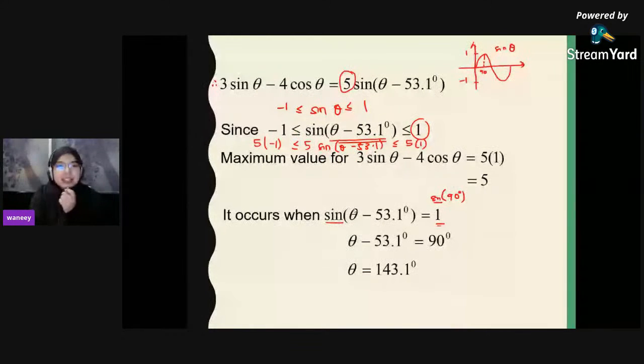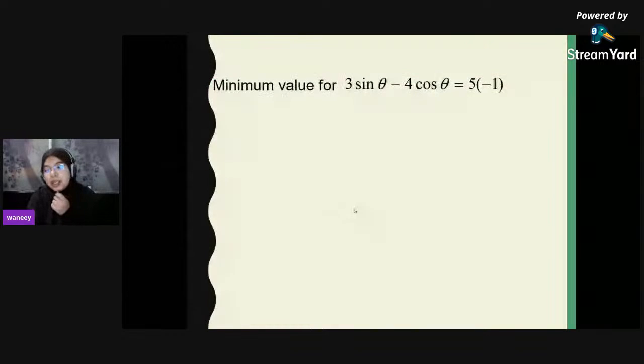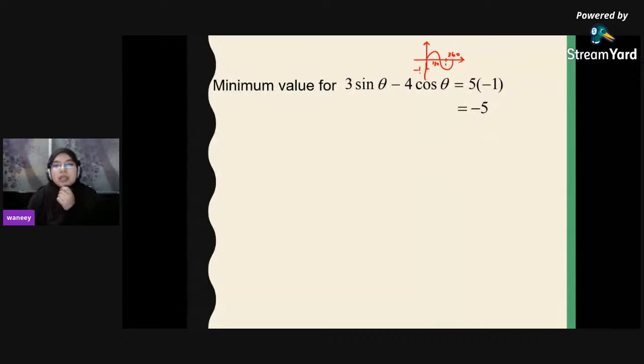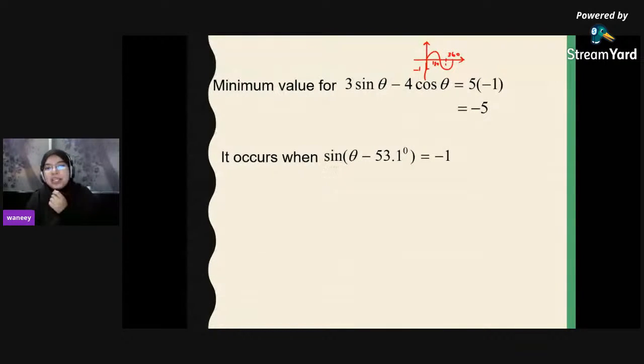Okay, next. The minimum value. So we got 5 multiplied by negative 1. So the minimum value is actually negative 5. So the value of theta, again, if we draw the graph, so this is 180, this is 360, so this is 270. So we're going to get a minimum value when sine theta minus 53.1 equals negative 1.